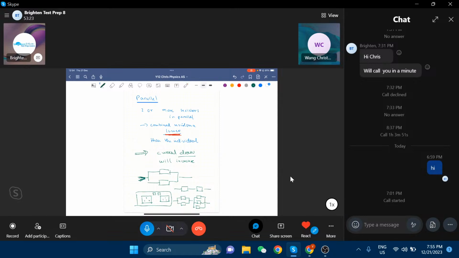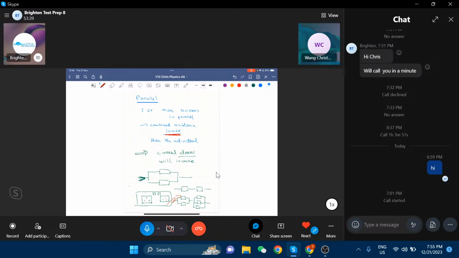And suddenly there's a huge kind of surge here towards the supply, which means if you add them up and turn it into amps, you realize, oops, maybe my 10 amp fuse.